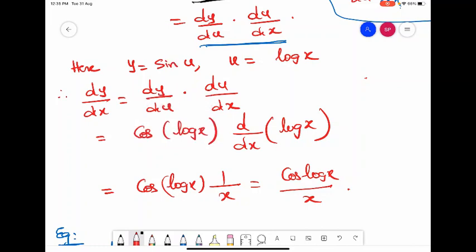It is sine u. So here you see y is a function of sine u, where u is a function of log x. But I want from y to x differentiation. I want a derivative of y with respect to x.